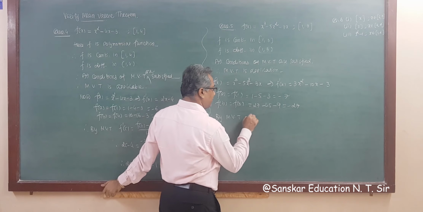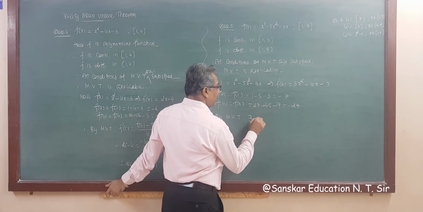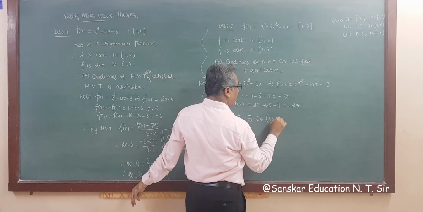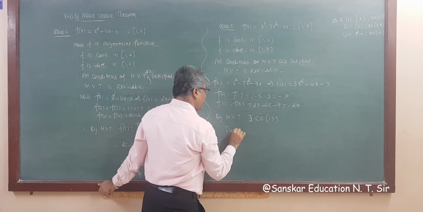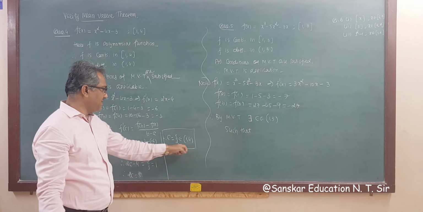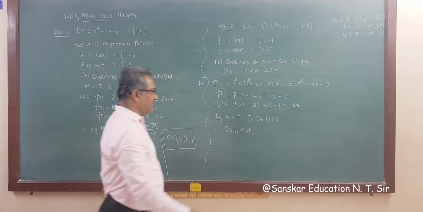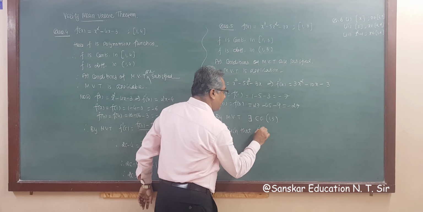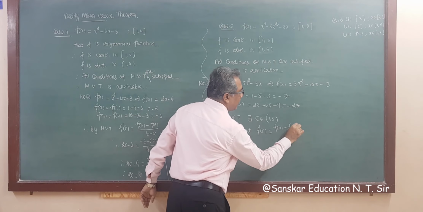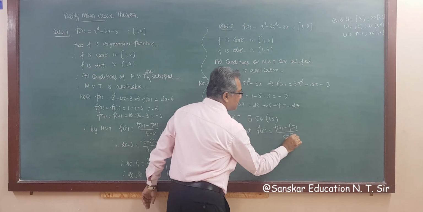By mean value theorem, there exists c belongs to open interval 1, 3 such that, it is not necessary to write because we are checking here. So that's it, okay, right? Such that f dash c is equal to (f(b) minus f(a)) whole upon (b minus a).